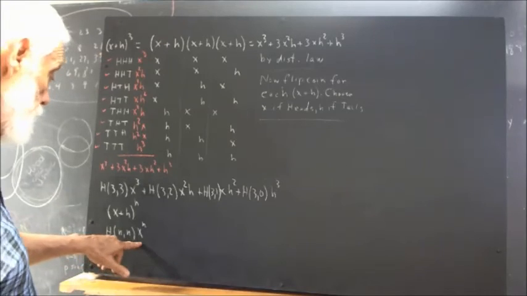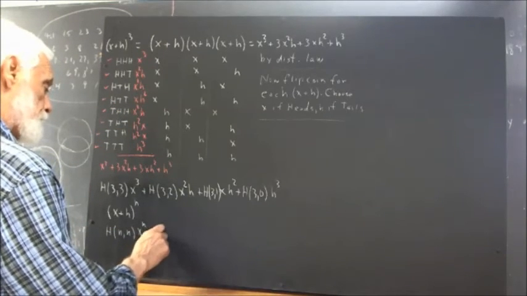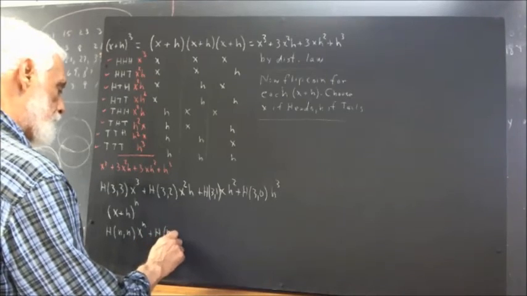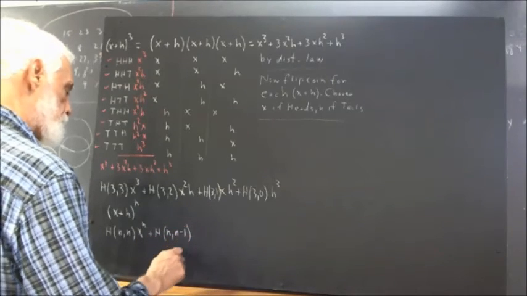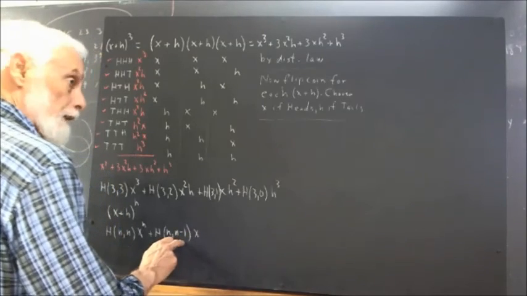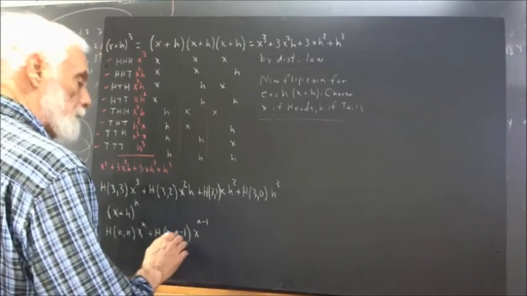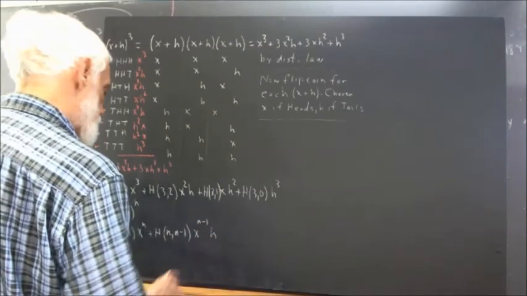There's only one way to do that, but if we do, we get all the x's. And then we have plus h of n minus 1 times what? Well, if we get n minus 1 heads, then we're going to have x to the n minus 1, and the remaining one is going to be a tail, so we're going to have an h.